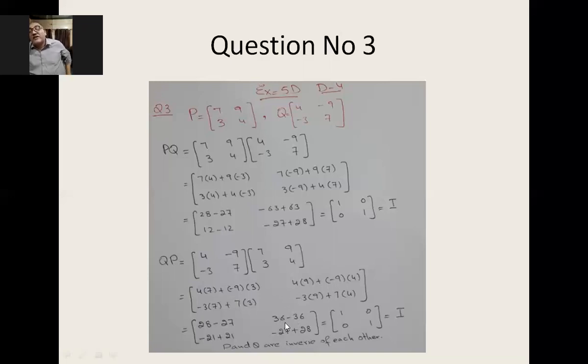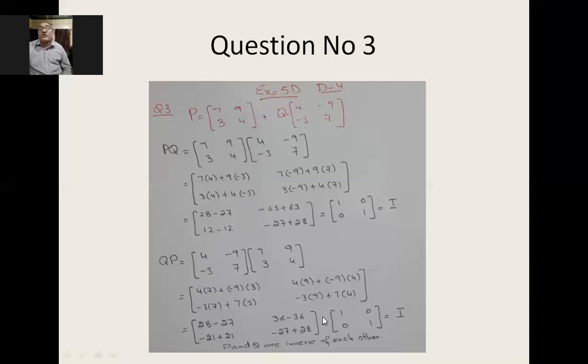So it will be 36 minus 36. Then you will have the turn of the second row and it will multiply with the first column. So you will have minus 3 multiply 7 plus 7 multiply 3. So it will be like minus 21 plus 21. Then the second row will multiply with the second column. So you will have minus 3 into 9 plus 7 into 4. So it will be minus 27 plus 28.